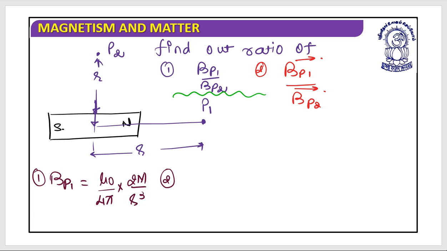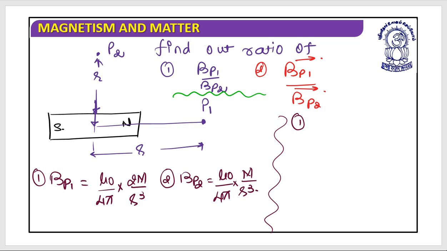And for the magnetic field at point P2, it is equal to mu naught by 4 pi multiplied by m by r cube. So if I take the ratio, this is B at point 1 to B at point 2. This is equal to, if I take a ratio of this, 2 is to 1.